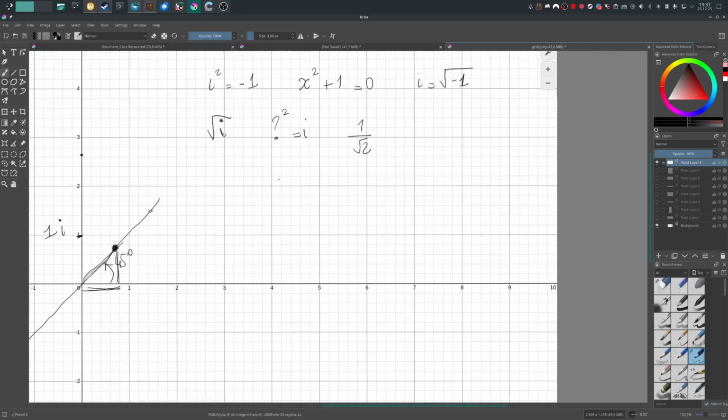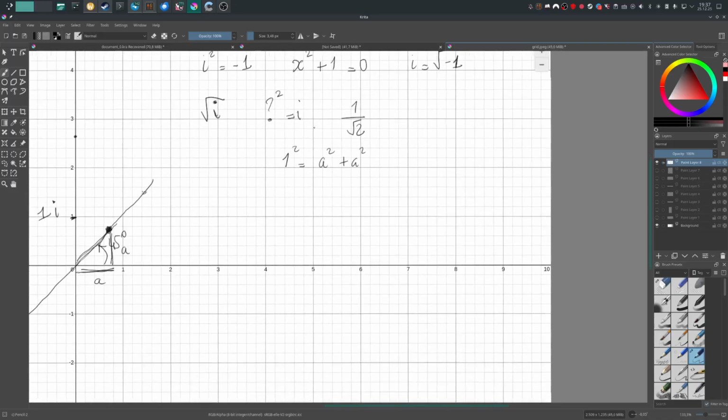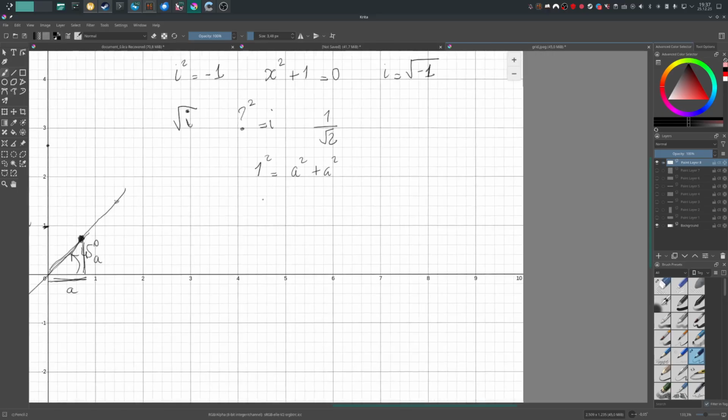If you use Pythagoras, let's call it a here, and it's also a here. Pythagoras would tell you this square plus this square is equal to 1, so 1 equals 2a squared.